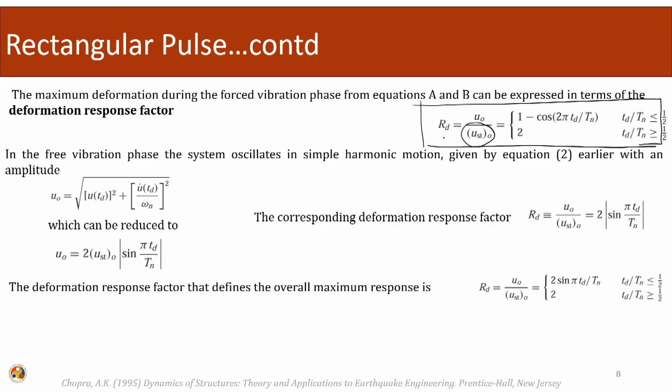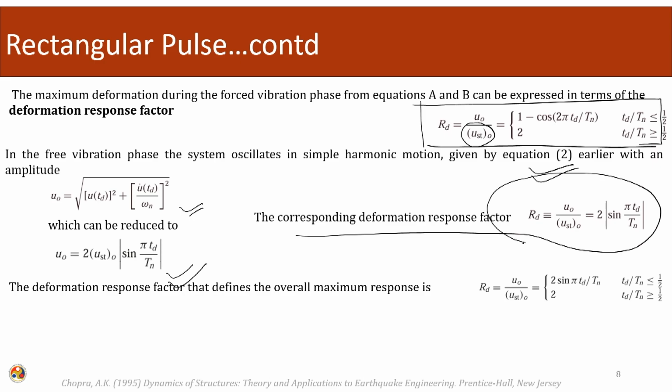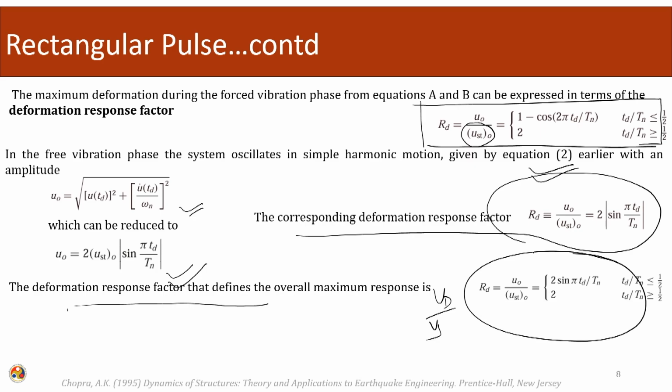In the free vibration phase, the system oscillates in simple harmonic motion given by the earlier equation 2, which is represented here and which can be reduced to this. Here the corresponding deformation response factor is given by this quantity. The overall deformation response factor is nothing but the dynamic divided by the static deflection, given by this equation.